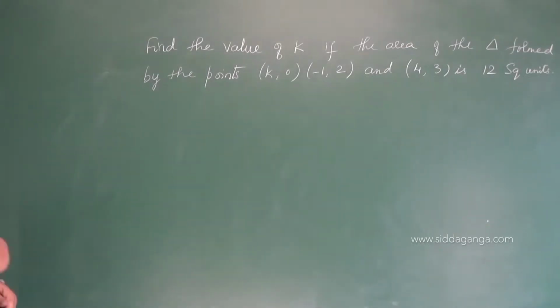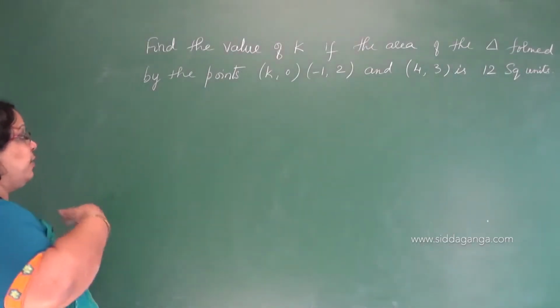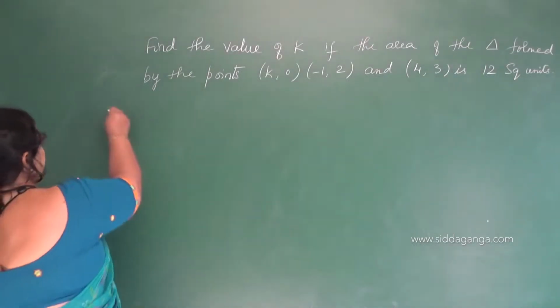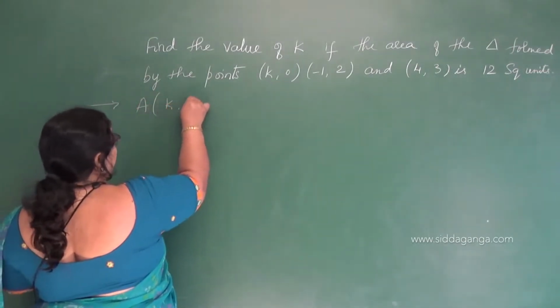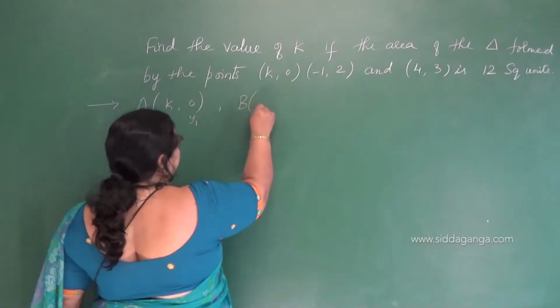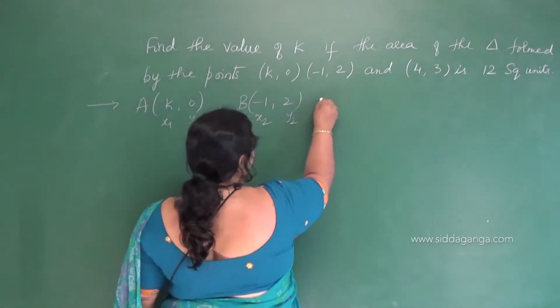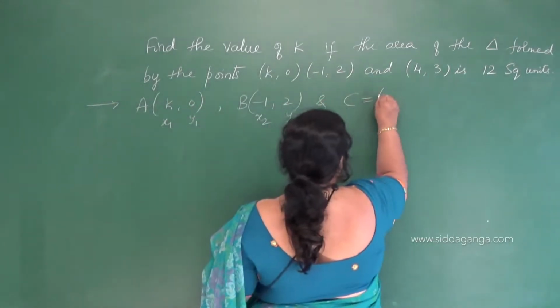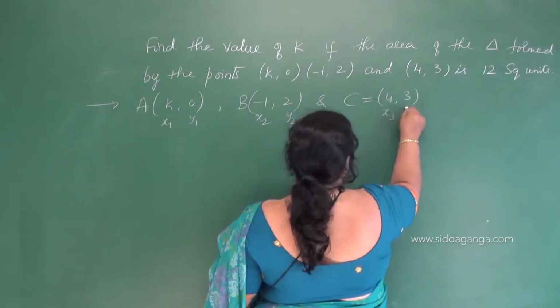So now area of the triangle is given as 12 square units. You take the first vertex as A, k comma 0, x1, y1. The second point minus 1 comma 2, x2, y2, and C it is given as 4 comma 3. You take this as x3 comma y3.